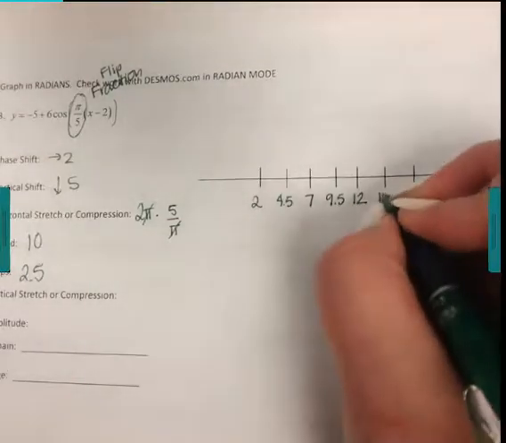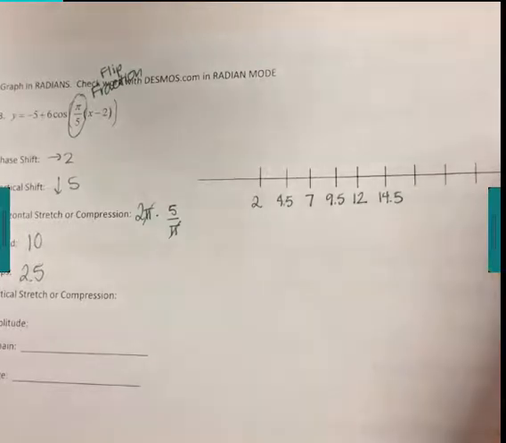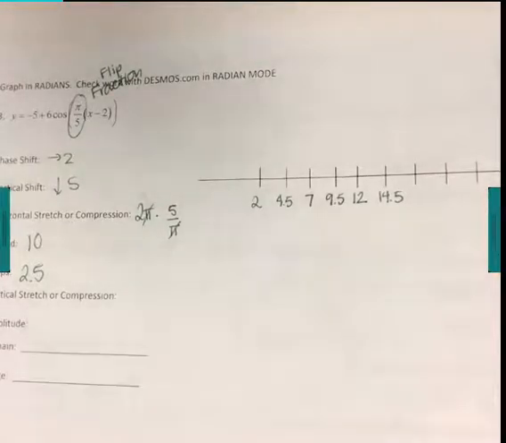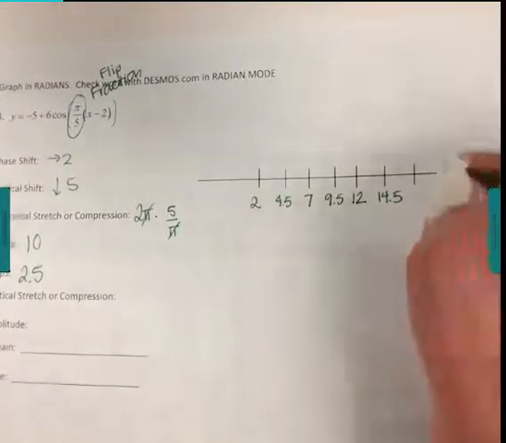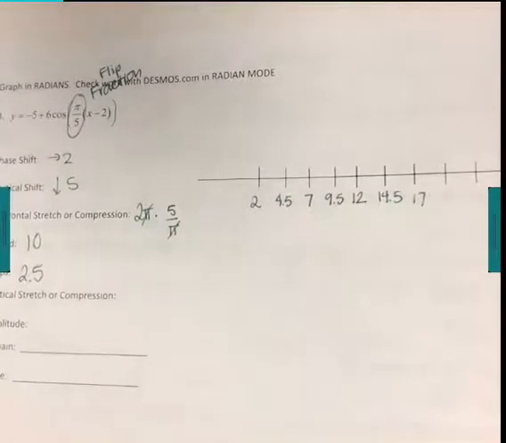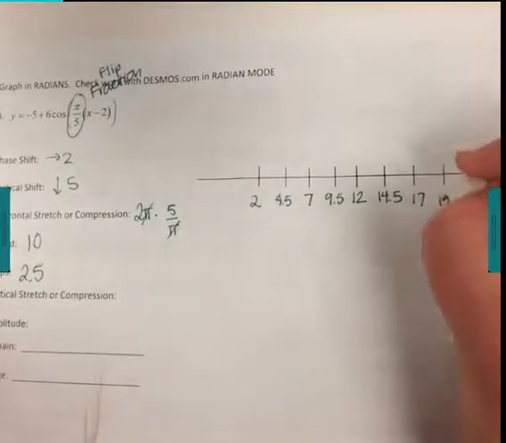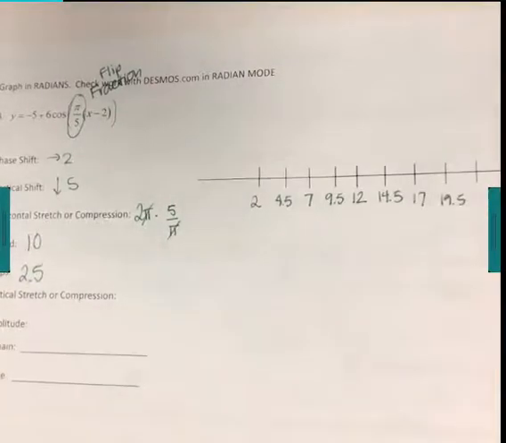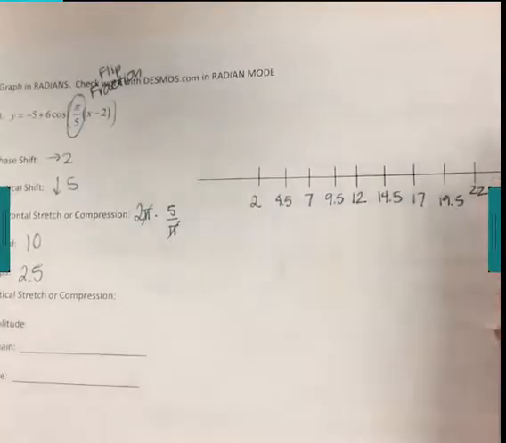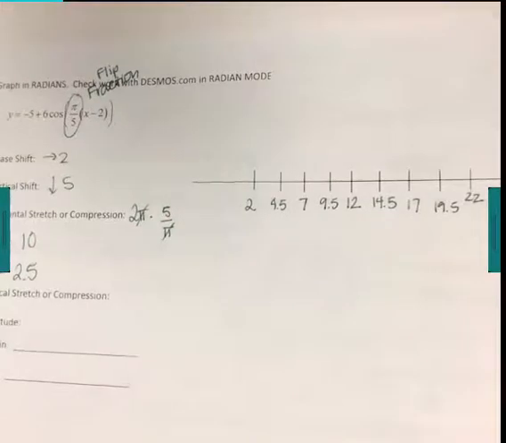Plus 2.5 is? Okay, then 14.5 plus 2.5. Okay, and then just keep going. So 19.5 is next. And then 22.